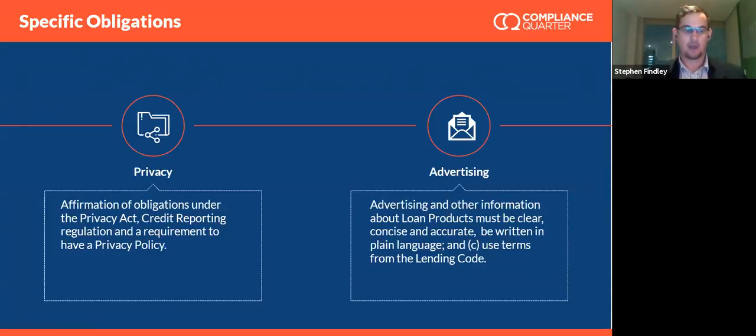At the moment, there's no standardization in the way these loan products are offered to customers and the way in which they're described, and that's led to a lot of confusion amongst small businesses as to what the best product is for them. The lending code contains a glossary setting out key terms and the signatories to this code are going to have to make sure that they use those terms to ensure some consistency in the description of the products.